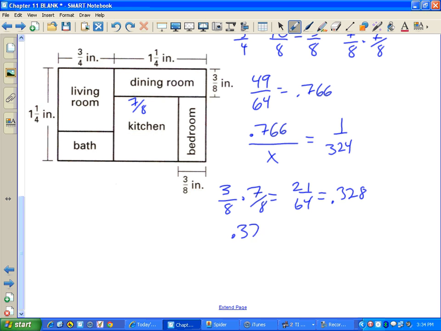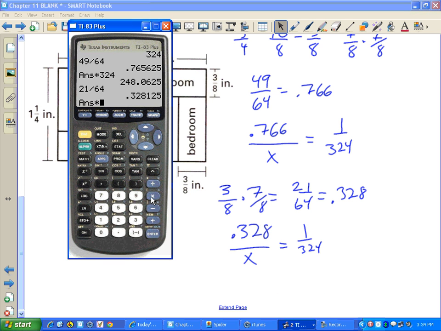And again, if I take the area of the picture bedroom over the actual bedroom, that should be a ratio of 1 to 324. So the actual bedroom is 106.3 square feet.